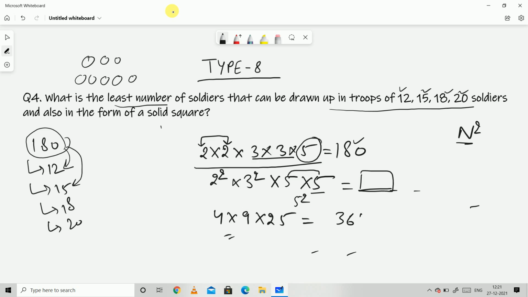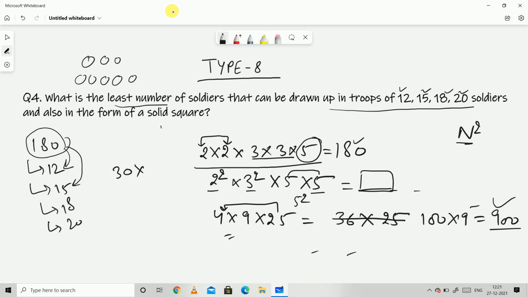So you will have 36 into 25, or simply you can do it like this: 25 into 4 is 100, into 9, which is 900. Now 900 is a perfect square. Whenever we are multiplying such numbers which are all squares, obviously the resultant is going to be a perfect square. So 900 is a perfect square.